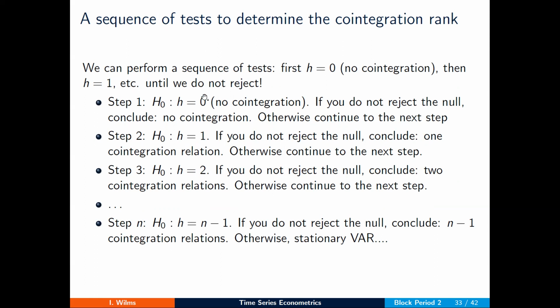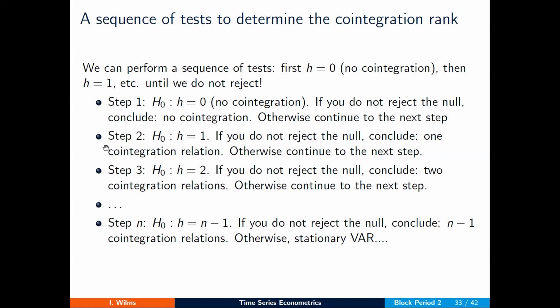Well, we should perform a sequence of tests, starting from the initial null hypothesis that we do not have cointegration, so that H is equal to 0. If we do not reject the null, then we would conclude that there is no cointegration and we stop. If we do reject the null, then we need to continue. There seems to be evidence that there is cointegration, but we don't know how many relations yet.